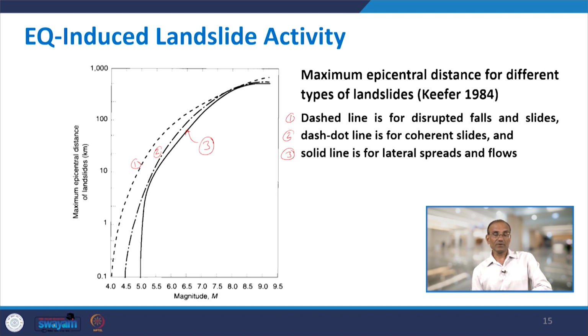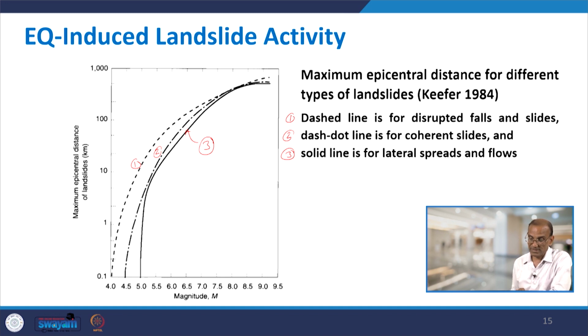Now, for a given magnitude of earthquake, let us say 5.5 or 6, you can see that the first one, the dashed line, may occur at even larger epicentral distances, but the third one, that is lateral spread, will occur only near the epicenter.